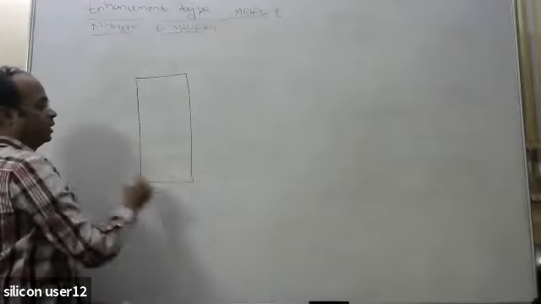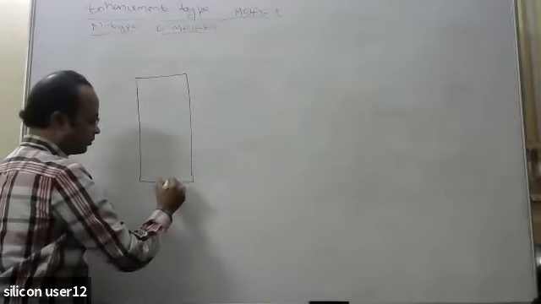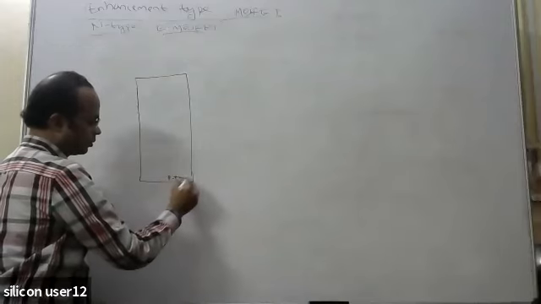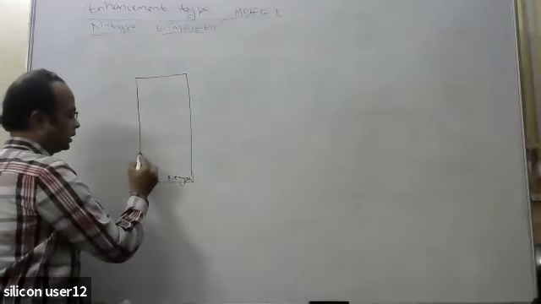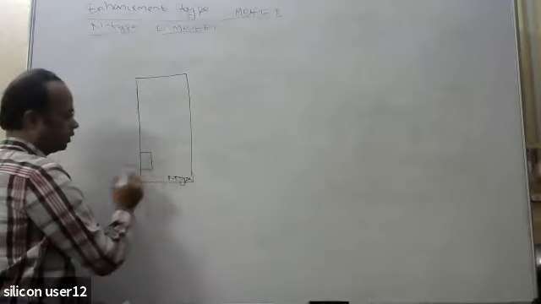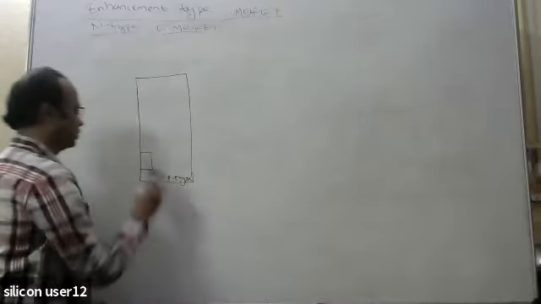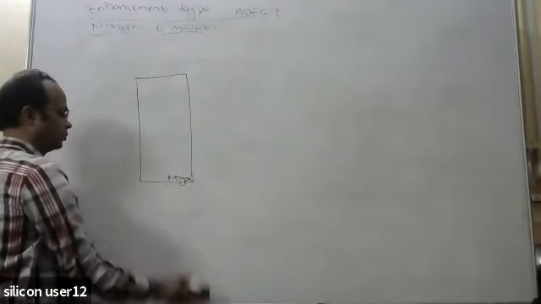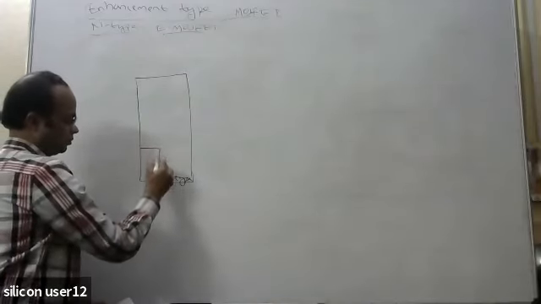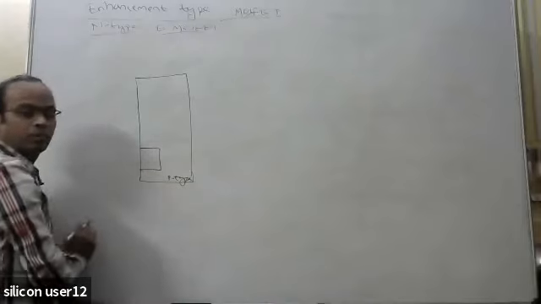So this is a body which is P type. Next we will convert some portion to N type. Let's make it a bit bigger.